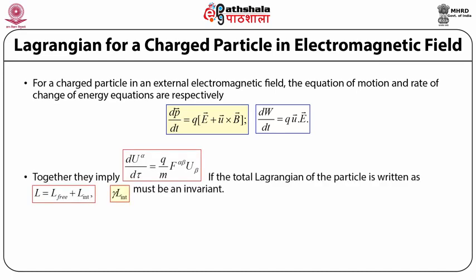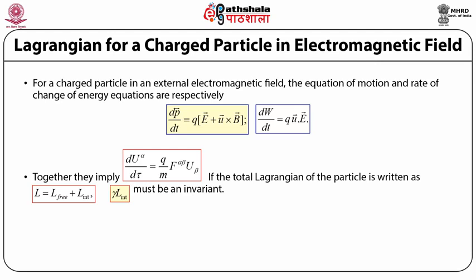Now together these two equations can be put in a covariant form. That is du alpha by d tau is equal to q by m F alpha beta u beta. Here u alpha is equal to gamma c, gamma u, the four-velocity, and F alpha beta is the field strength tensor.